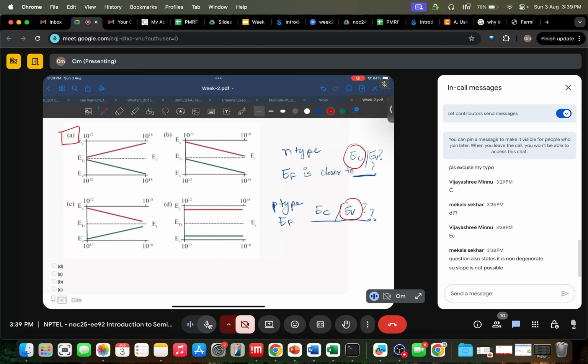So non-degenerate just means it is low doping, right?